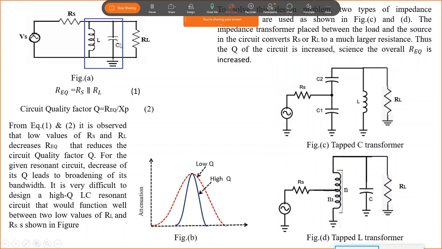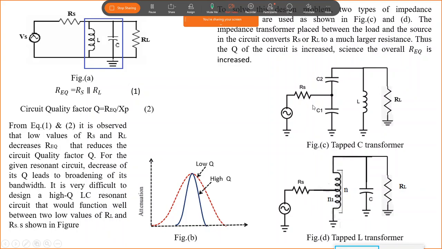This is called tapped at the center of C2 and C1.